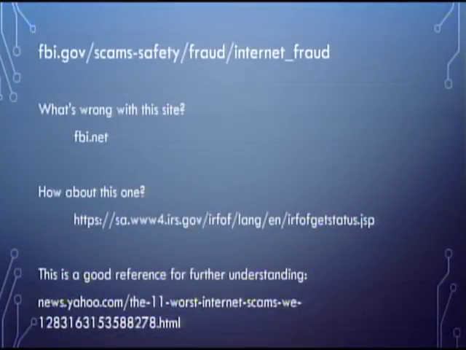So there's this whole section about internet fraud from FBI.gov, and all this stuff will be available to you after the fact. So what's wrong with this site, FBI.net? A lot of folks don't even think about it: the government uses .gov sites because they have control over that.